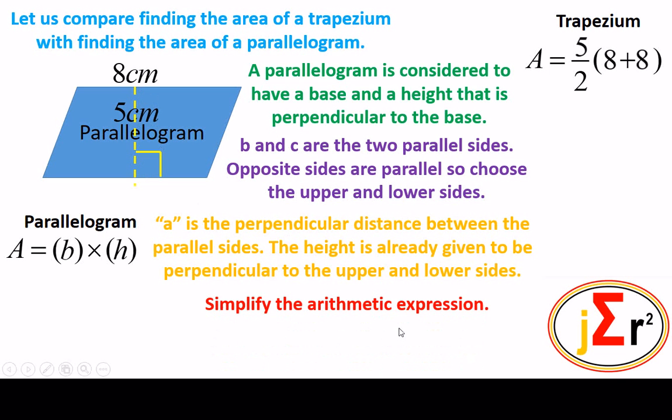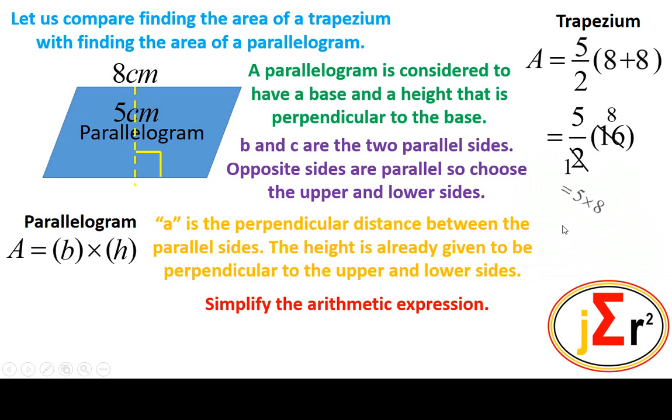Simplify the arithmetic expression. 5 over 2 is retained. 8 plus 8, that's 16, and we will simplify by a common factor of 2. 2 into 2 is 1, and 2 into 16 is 8. 5 times 8, and the area is 40 square centimeters.